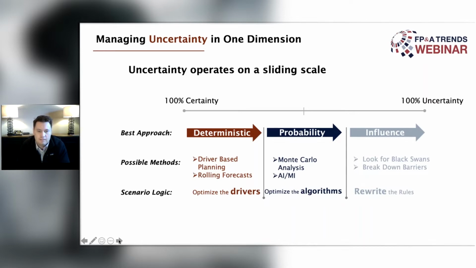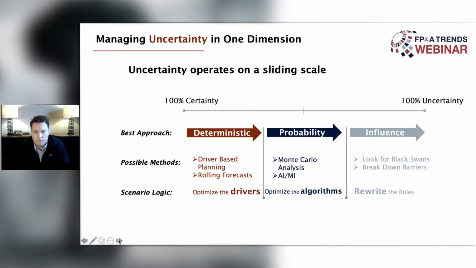Rolling forecasts is what people tend to shift towards when they want a little more agility in addition to driver-based planning. Really, in deterministic, when we talk about the scenario logic and the capabilities, it's about optimization of the drivers we're dealing with. Whether those are price times volume or percentage of other accounts, whatever those drivers may be, it's about optimizing the drivers in that world.